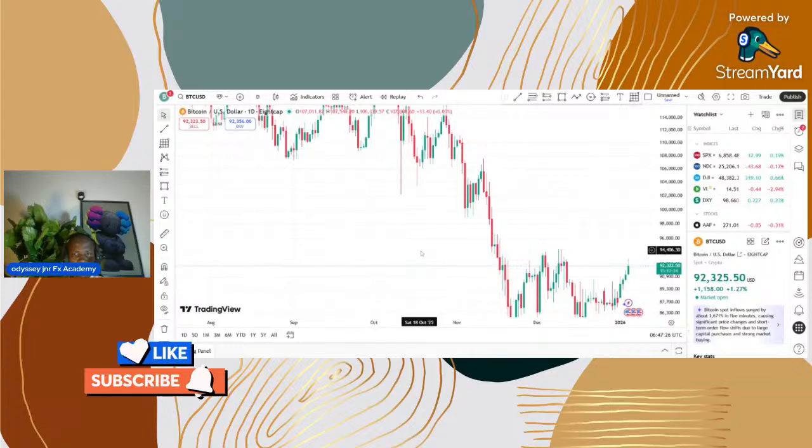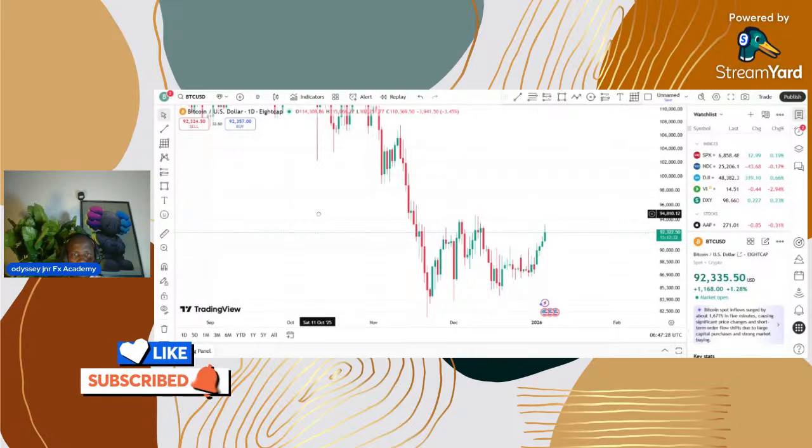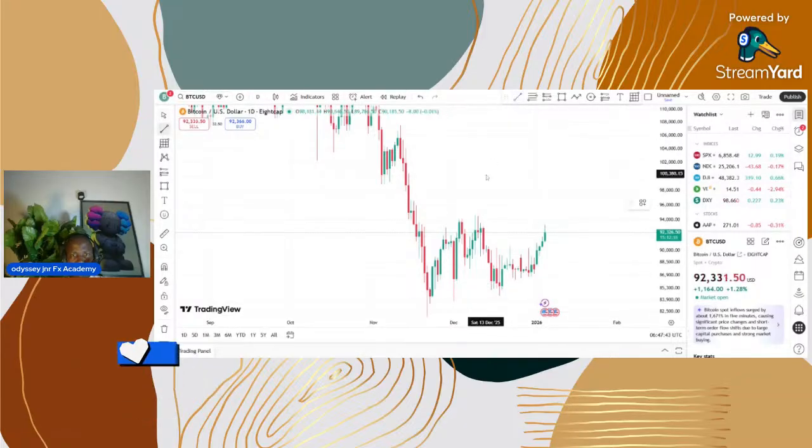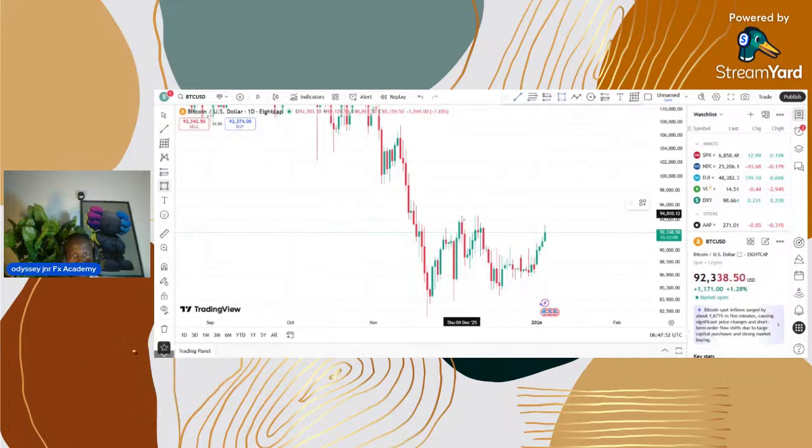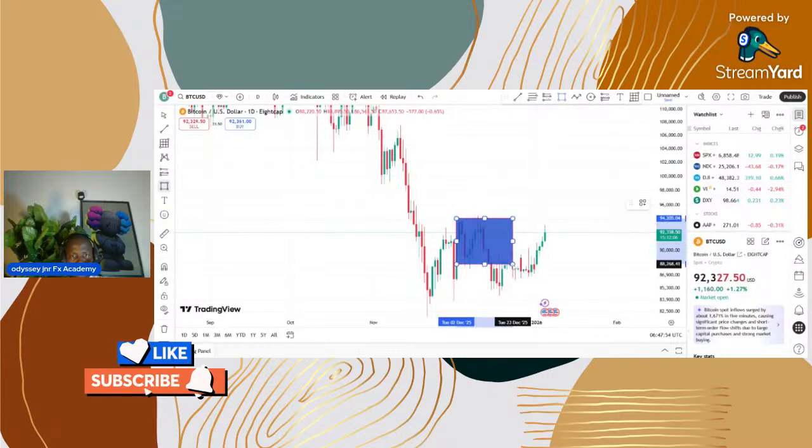So the daily time frame is clear that the market has been breaking to the downside. Yeah, this level.